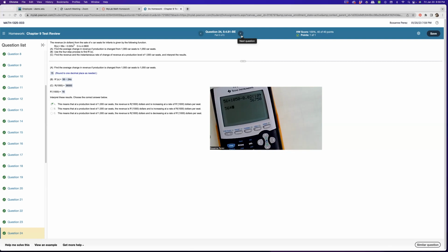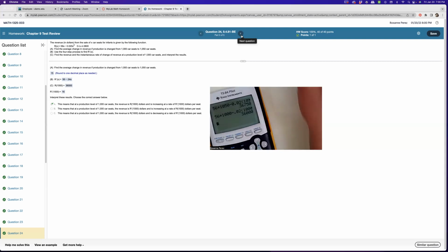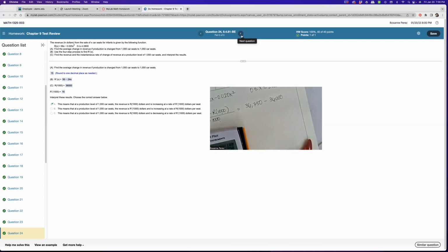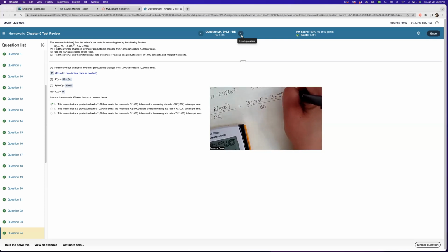So 56 times 1,000 minus 0.02 times 1,000 squared, which equals 36,000. Okay, and then divide that by 1,050 minus 1,000, divided by 50. So finish calculating the difference. Divide by 50, and that's equal to 15.